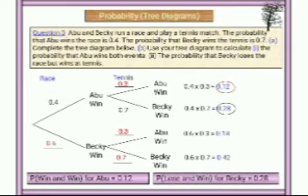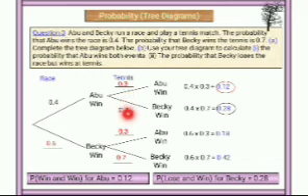Then the second one: the probability that Becky loses the race but wins at tennis. Becky loses the race but wins at tennis. Becky wins at tennis is 0.7. Is that okay?